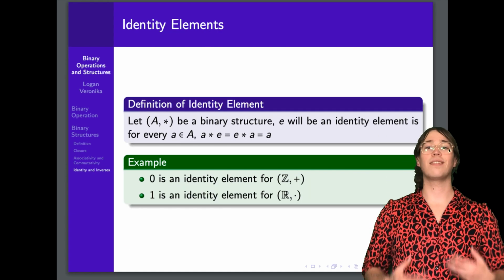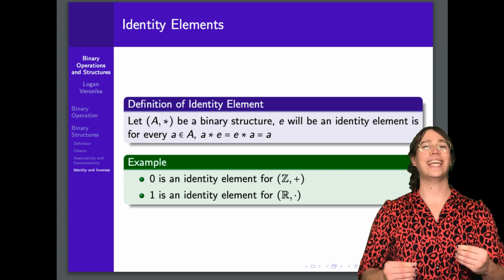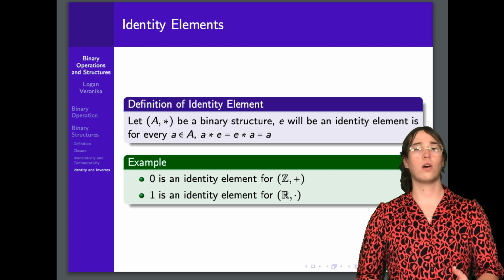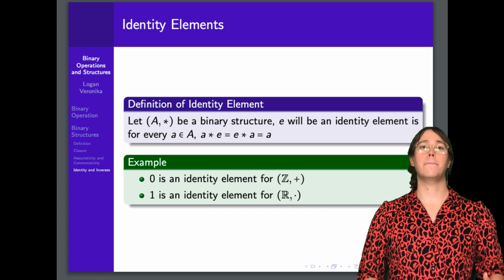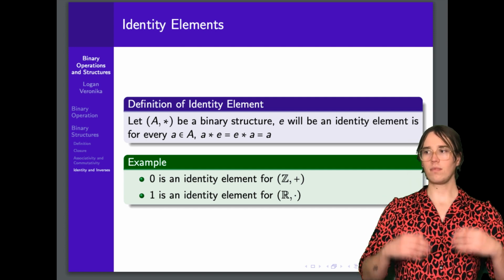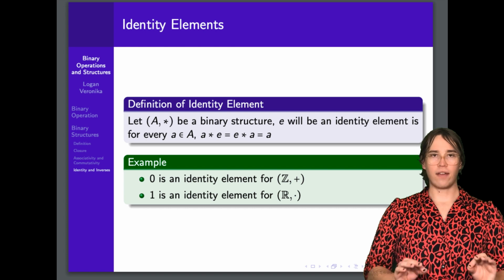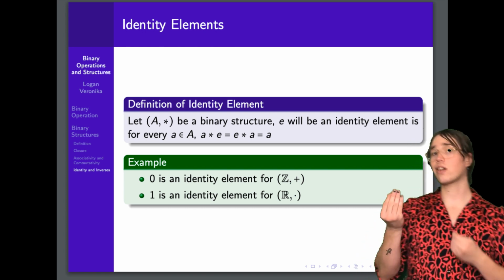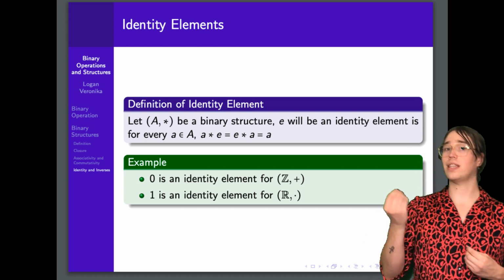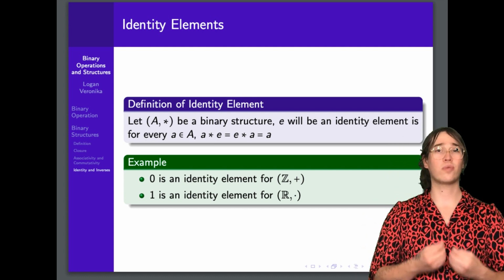Now getting into the last few topics, identity elements and inverse elements. So we let (A, star) be a binary structure. E will be the identity element if for every a in A, a star E is equal to E star a, which is just equal to a.